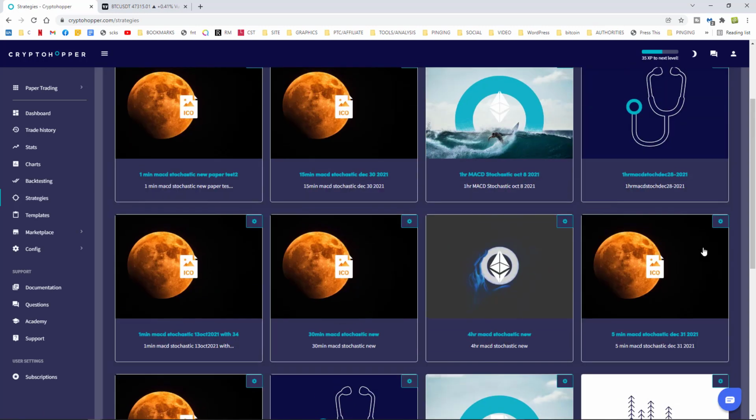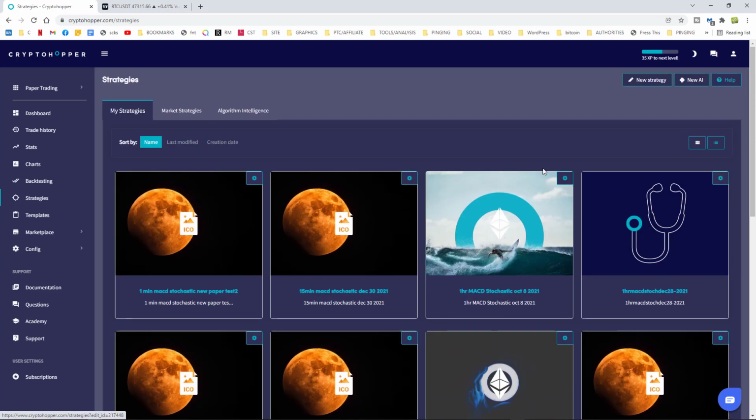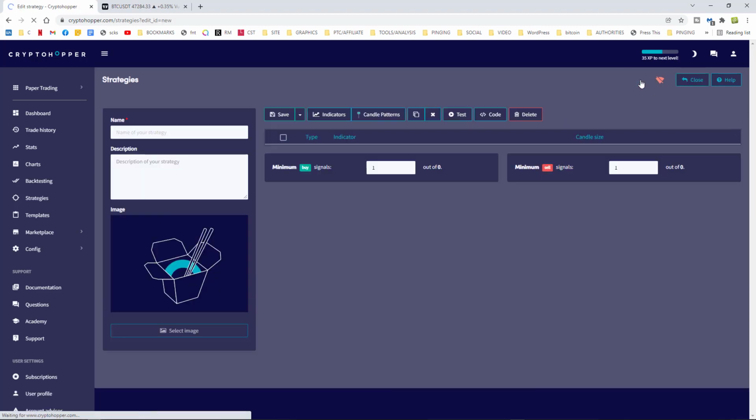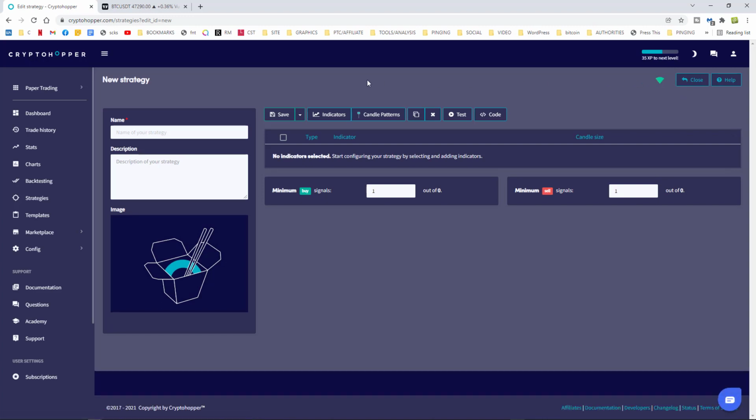So here's what I want you to do. If you don't see anything like this, you've got to click on new strategy. Alright, okay, and what you need to do is give it a name first. I'll call this new 5-minute MACD stochastic.